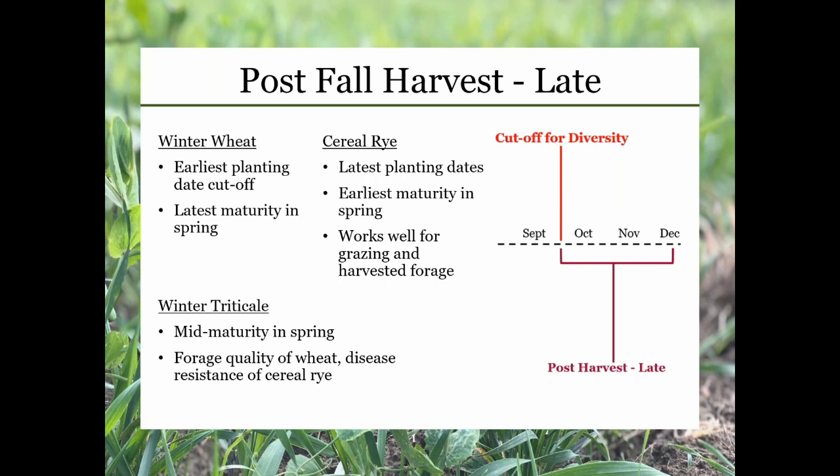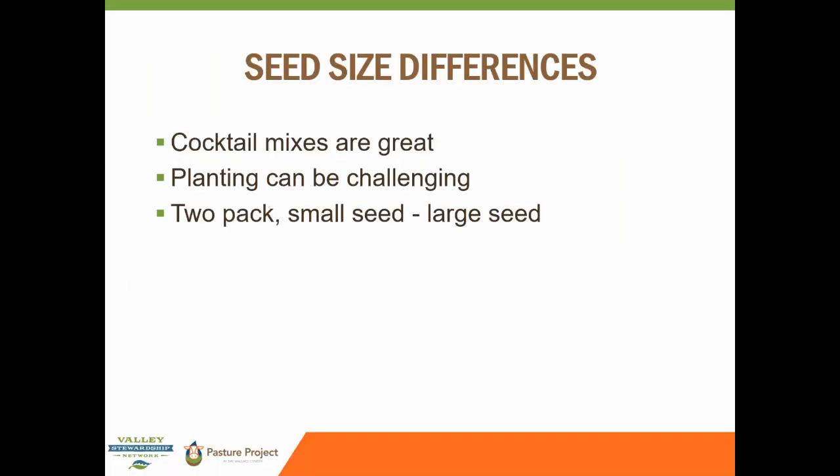And then typically after that, we go straight to cereal rye as a cover crop. But I would rather have the cereal rye out there than no cover crop at all. And we all know the advantages of cereal rye in the spring for either pasture or forage or just as a good cover crop.